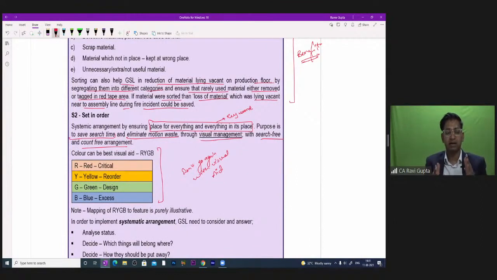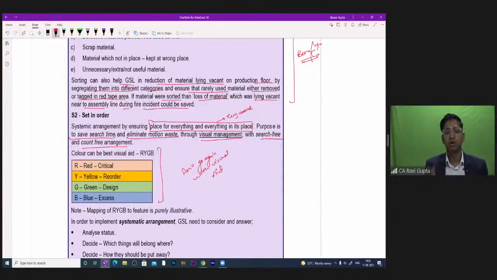If we have placed them properly, there would be a gap between the materials, and the fire could have been caught in only one packet or one place only. Other material could have been saved. But if it's lying completely on the ground in this manner, and the fire catches, it will burn all the materials.